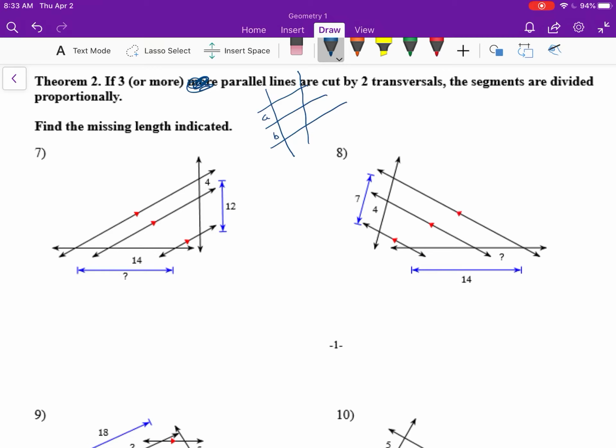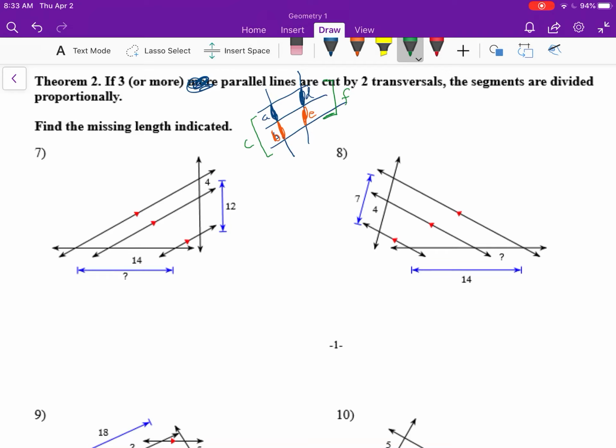Let's say this is A, so that's this segment A. This segment is B, and this whole length is C. And then over here, we'll call this D, we'll call this E, and we'll call the whole thing F.